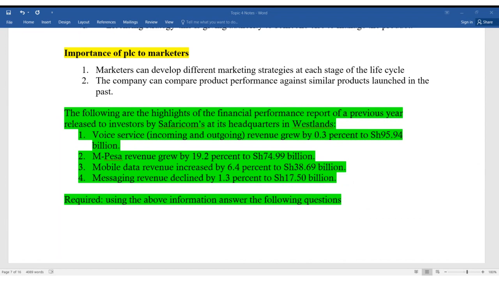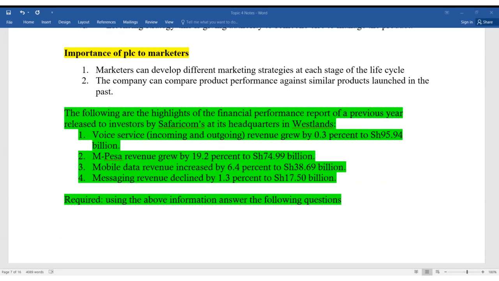The one who pinpointed the right thing is mobile data. Mobile data is in the growth stage. Actually, you have the answers there. Voice service is in the maturity stage. That is the voice call.